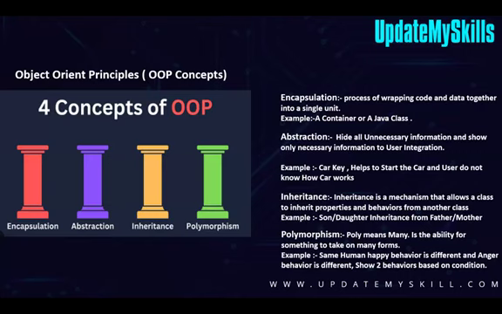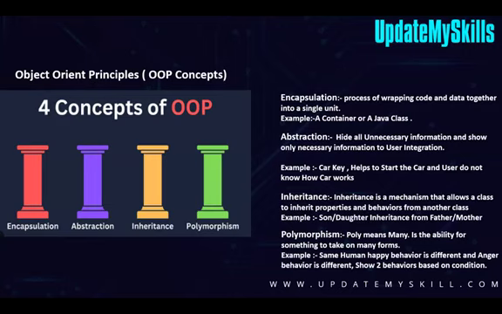Suppose you don't have an Animal class, you write int legs equals 4 in the Cat class, again in the Dog class, int legs equals 4, again in the Lion class, int legs equals 4. You write the same variable 3 times. Instead, put int legs equals 4 into the Animal class. All classes will inherit from Animal. It means that whatever variables are available in Animal will be available to the Dog class also. That is called inheritance.